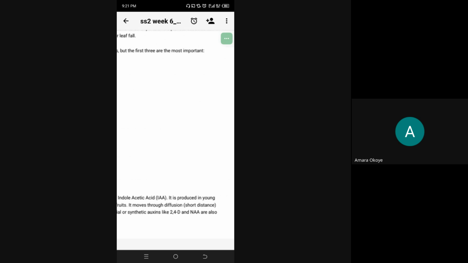It can be used to kill weeds on the farmland or wherever things are planted, so that the plant does not get affected. Do you understand? Okay, you got it. That's good.